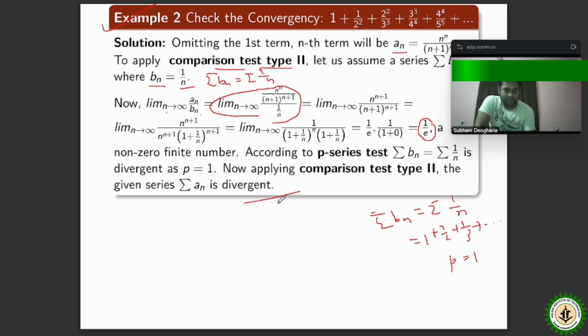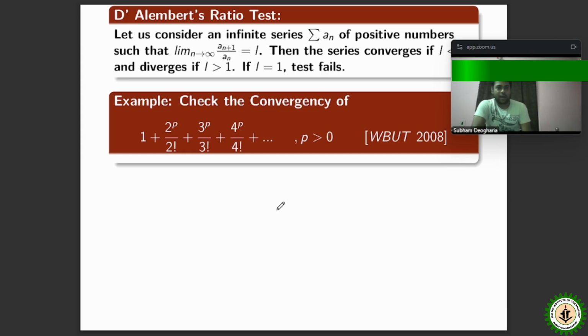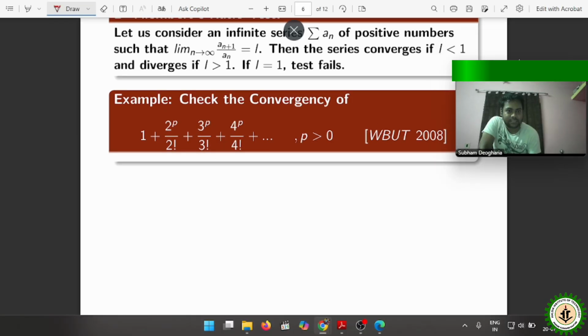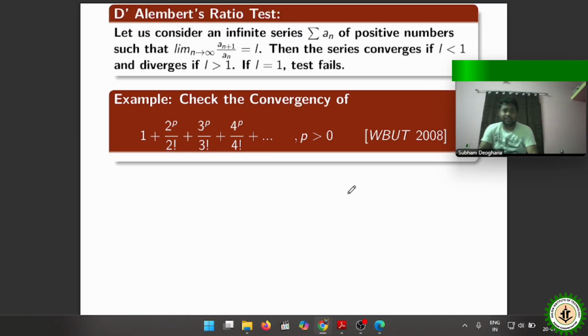Okay, so now come to another convergence test, which is the D'Alembert test, the D'Alembert ratio test.